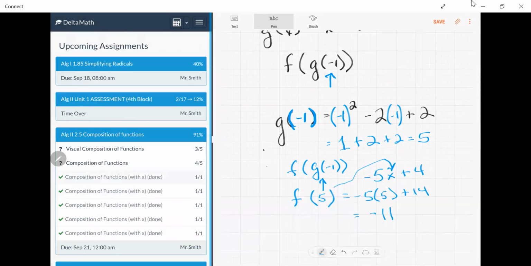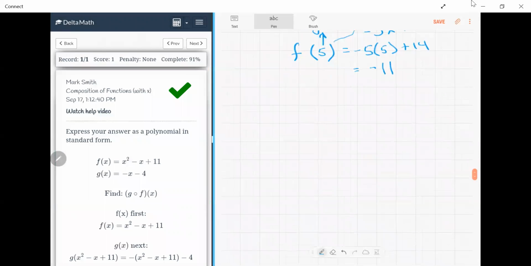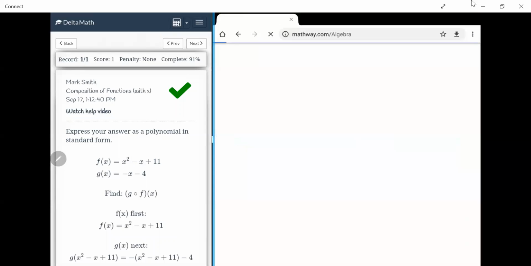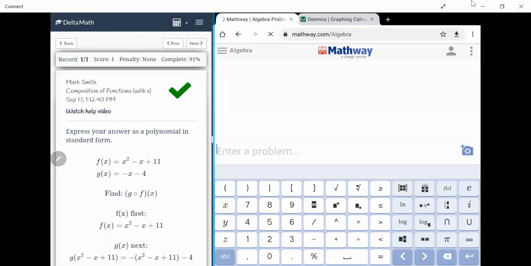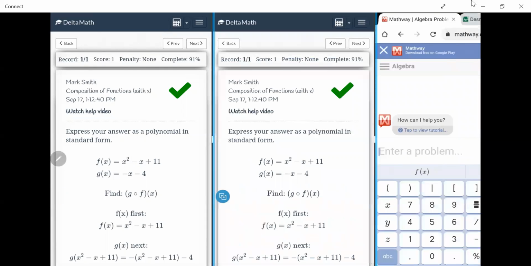All right, now we're on to composition of functions. I already did this and got the right answer, but I'm going to show you how to do this on your Mathway calculator. All right, so let's look at this. Okay, it's important.